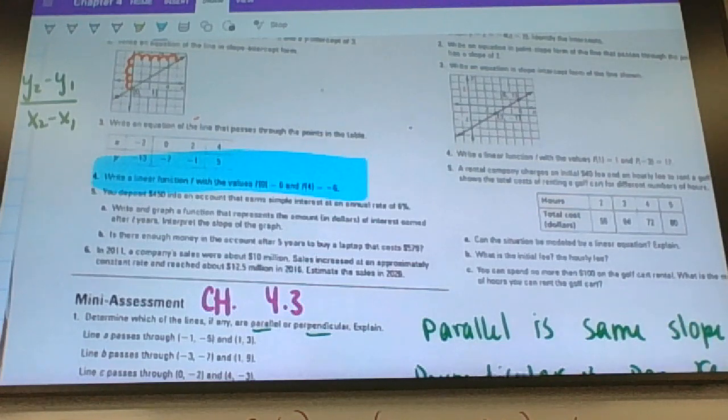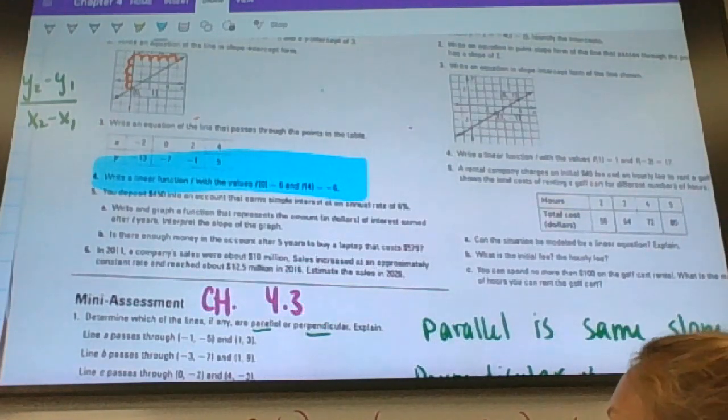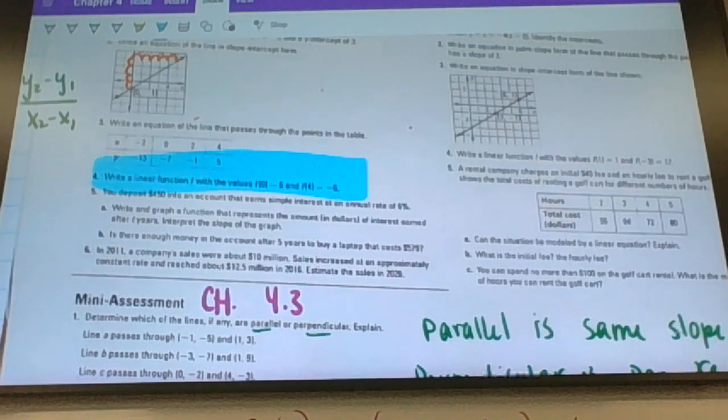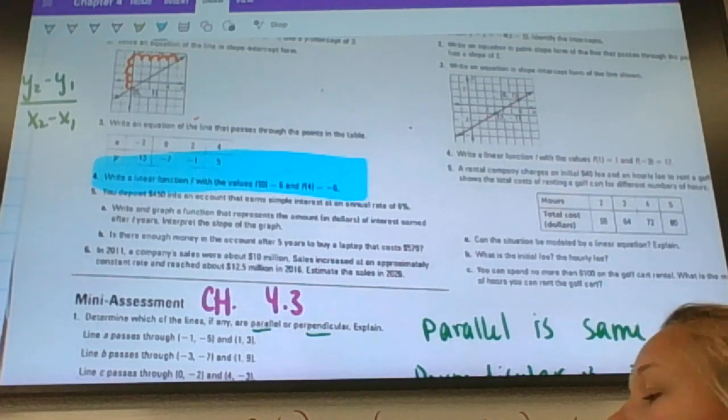So when you see function notation, your brain has to think of ordered pairs, x and y. The number in the parentheses is x, and the result is y. So if you have to write an equation, you need slope. Find the slope between those 2 points.